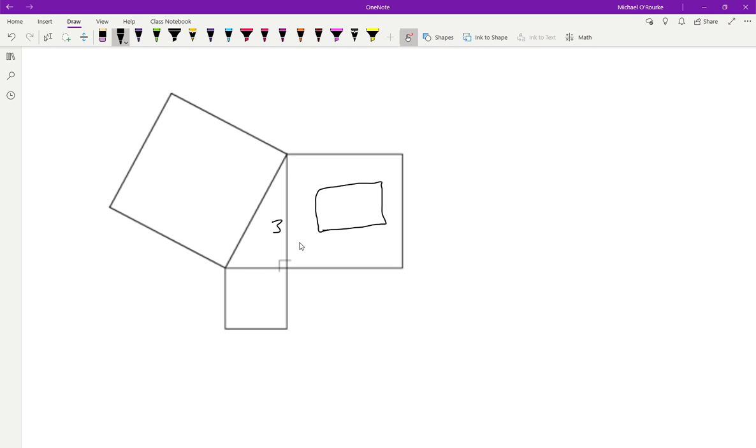What number is going to go in the middle of that square? So remember, length times width. Okay. Length times width just equals 9.